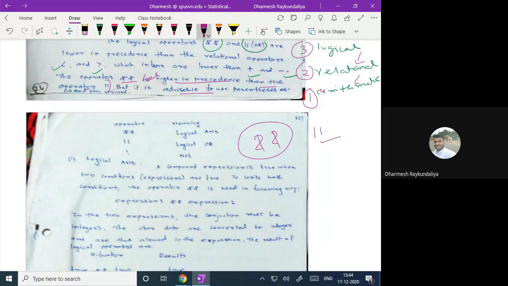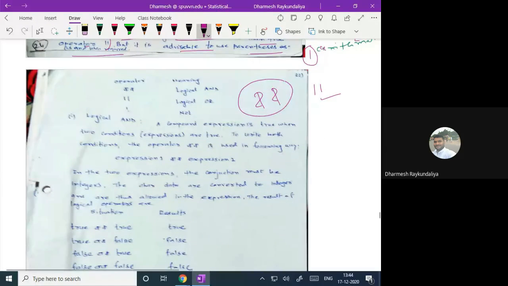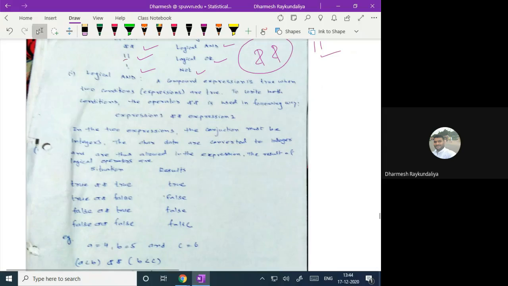But it is advisable to use parentheses as and when required. So this is logical AND, this is logical OR, and this is NOT. NOT is nothing but a unary operator, and a unary operator has the highest precedence. Okay, we will come to the unary operator; I will tell you.